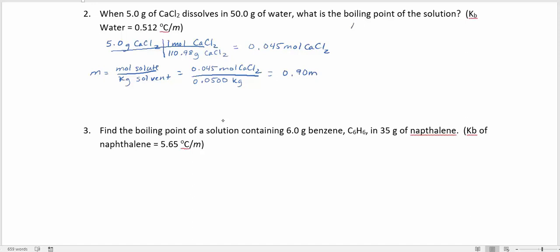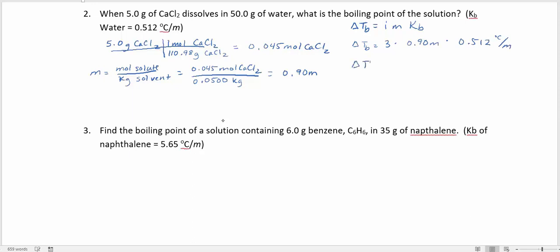Now, the change in temperature for the boiling point is denoted by i, m for molality, Kb. So this is a calcium chloride solution. So our change in temperature is going to be 3 times the molality times the Kb for water, 0.512, and that's given to you.